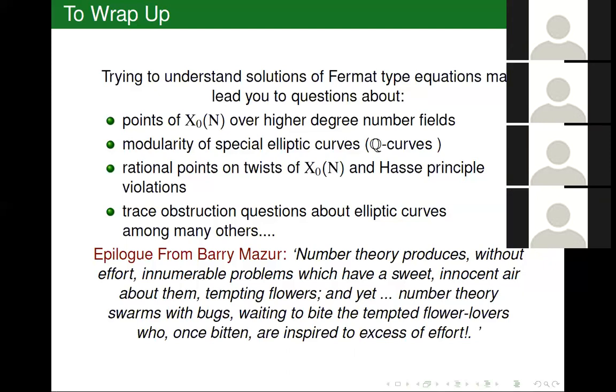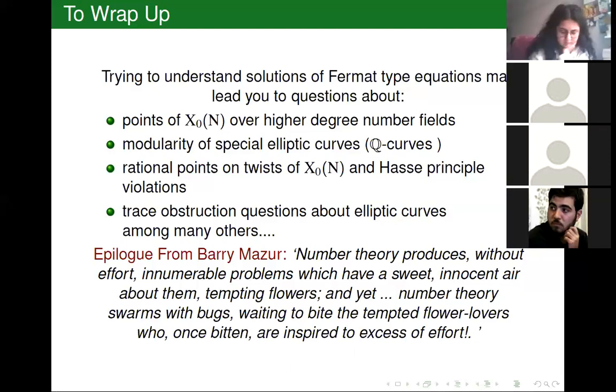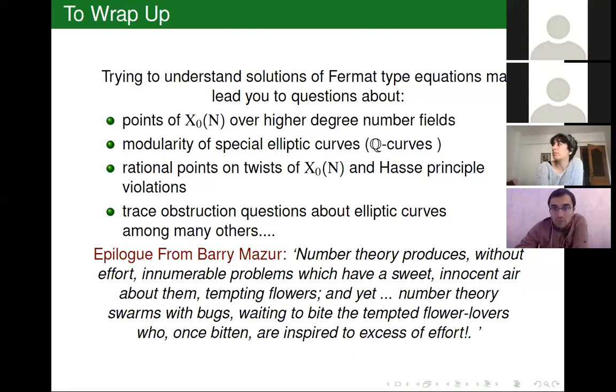But that thing fails when you extend your field from Q to K. In other words, that method of Mazur fails because the Jacobian has quotients of positive rank, which ties your hands.